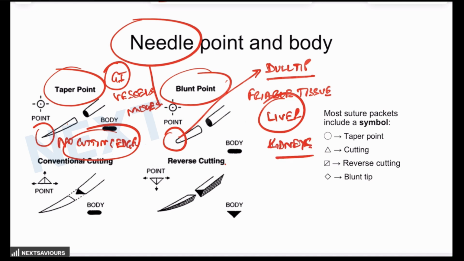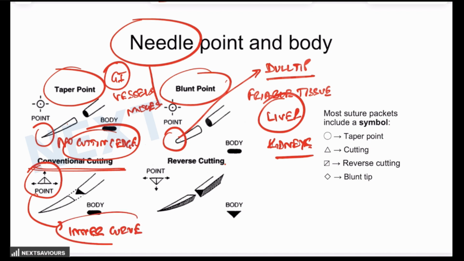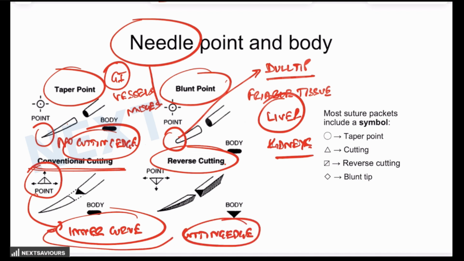Then the third one is the conventional cutting type of needle point. Conventional cutting has a triangular cross section throughout, with the cutting edge on the inner curve. The difference between the conventional and the reverse cutting is that the cutting edge is on the inner curve for the conventional, while in reverse cutting, the cutting edge is on the outer curve.